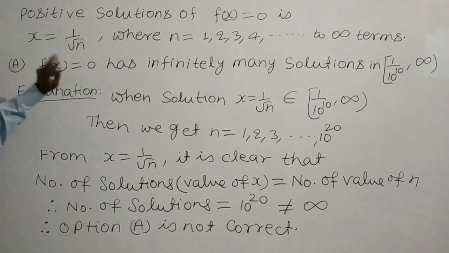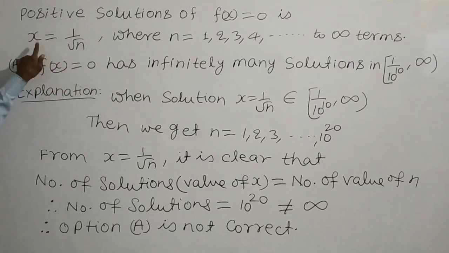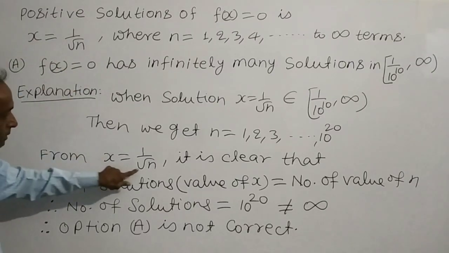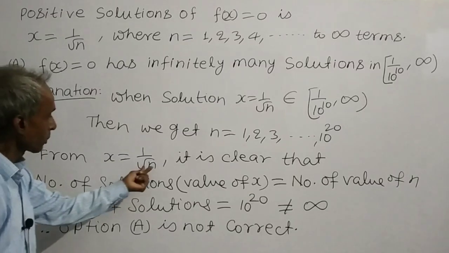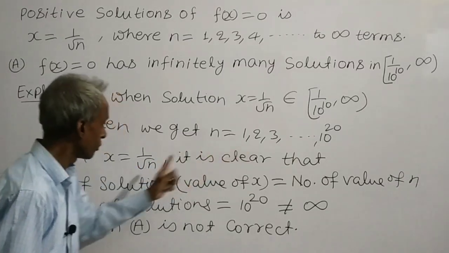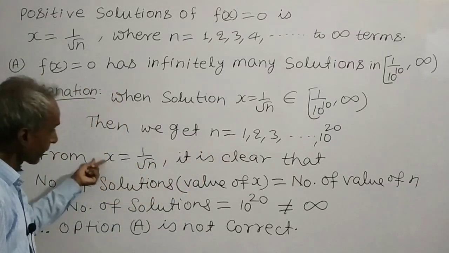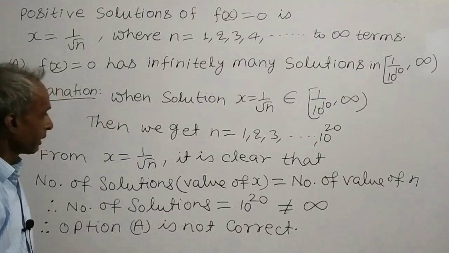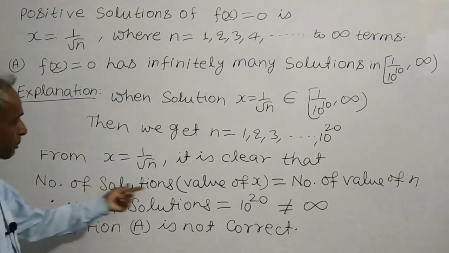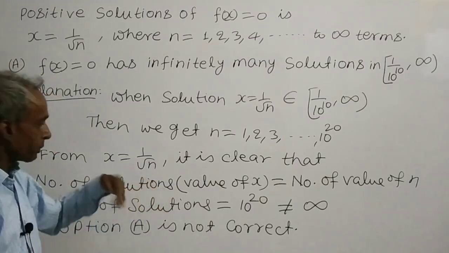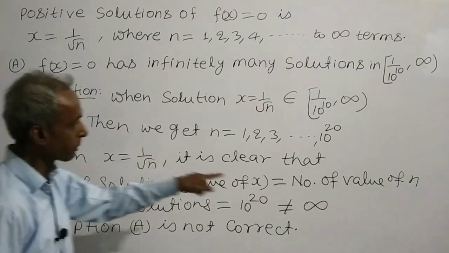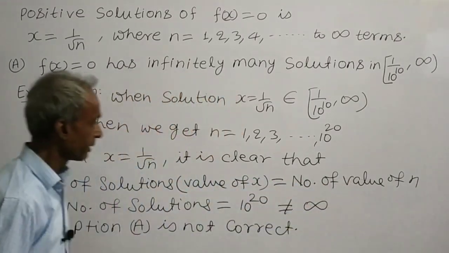Since solutions mean values of x, for different values of n we get different solutions. Therefore the number of solutions will be equal to the number of different values of n.